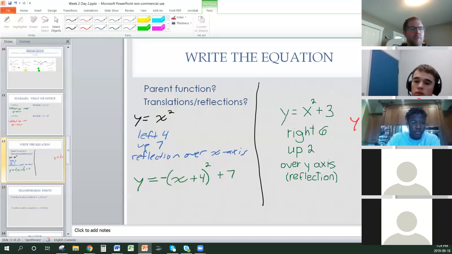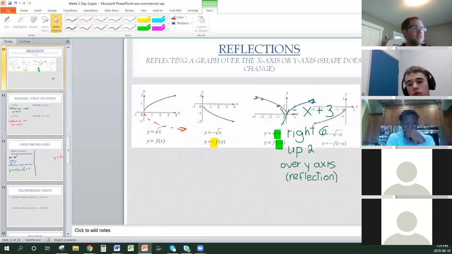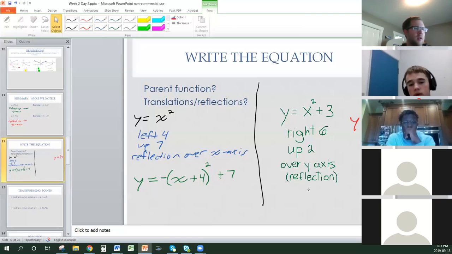Now, the confusing part for this one as well was that it was over the y-axis. So when a reflection is happening over the y-axis, as we saw before, the negative has to actually be inside the brackets with the x. However, what I didn't realize to tell you guys is that we can't actually put a negative right here.